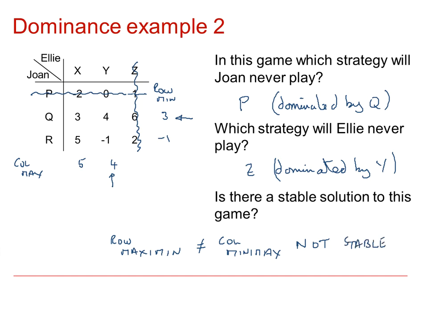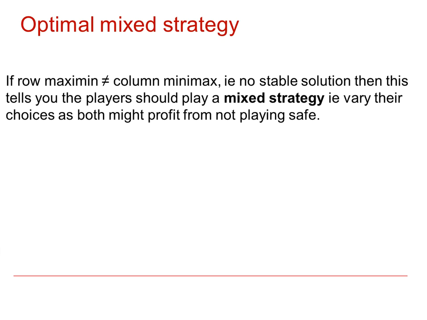So if it's not stable, there's some advantage in switching the strategies. And we have then what's called a mixed strategy. So they're going to vary what they do. Instead of playing the play safe strategy all the time, we might switch.